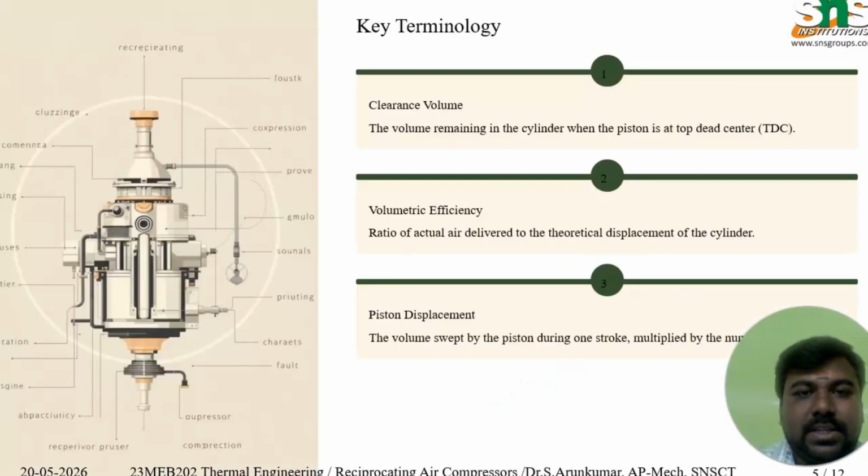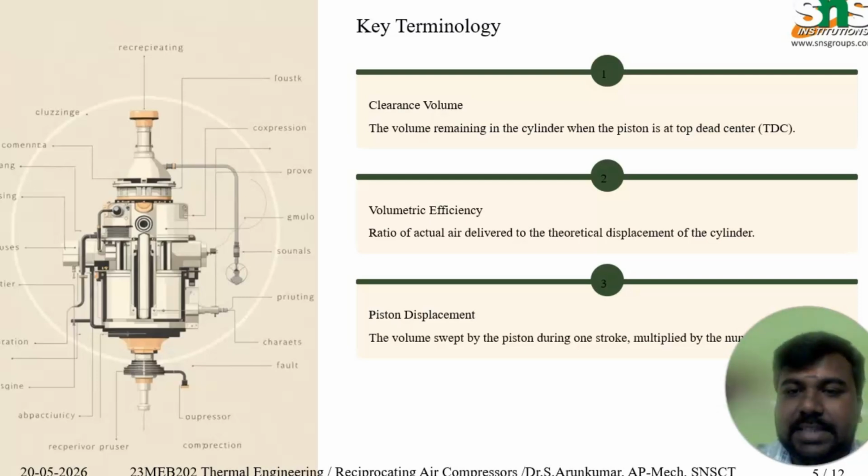So these are some of the key terminologies in air compressor systems: clearance volume, volumetric efficiency, as well as piston displacement. These are the most important terminologies used in air compressor systems. Let us discuss them one by one. Clearance volume is the volume remaining in the cylinder when the piston is at top dead center.